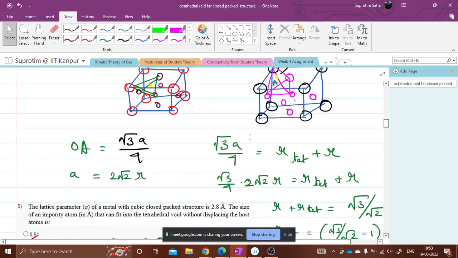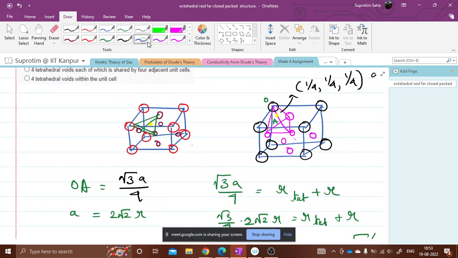So visually, what you can understand is that there is a sphere there, right? There is a sphere here also. So surrounding the center, you have the radius of the tetrahedral void and also the radius of the host atom.